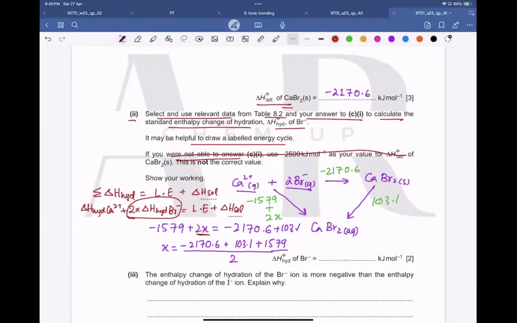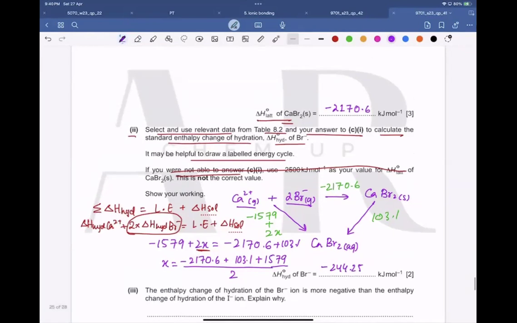Yeah, it's 244.5. Okay, that's fine. 244.25. And it's in minus. Okay.